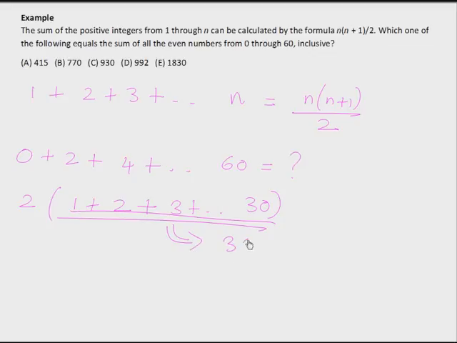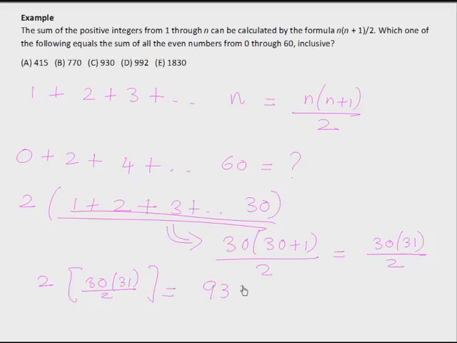So I plug it in. 30 into 30 plus 1 by 2. That's 30 into 31 by 2. And since I had a factor of 2 common, I multiply this by 2 to get 930. That's my answer, C.